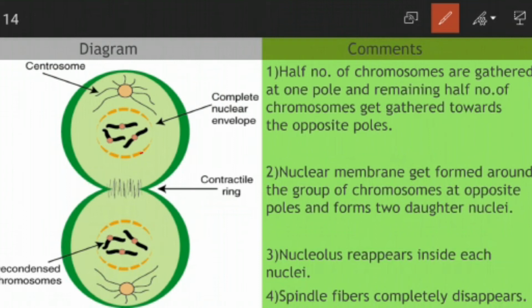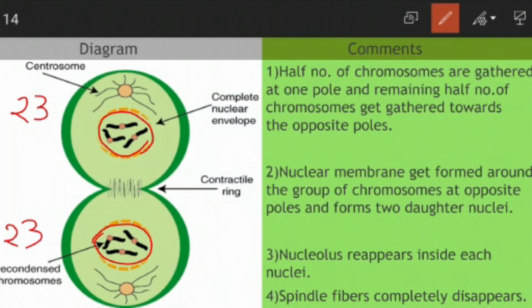In telophase, half number of chromosomes means 23 chromosomes get gathered at one pole and 23 chromosomes gathered at another pole. First, then what happens? Nuclear membrane. Now there is gathering of half of chromosomes. Now around this chromosome, nuclear membrane reappears.